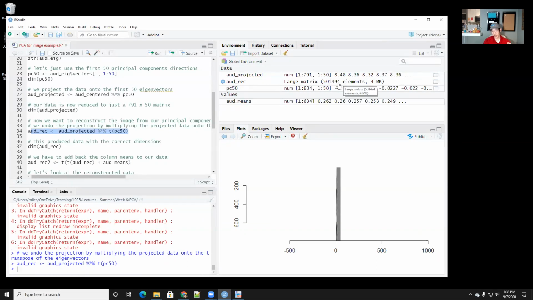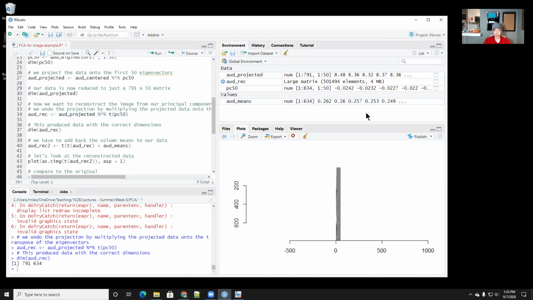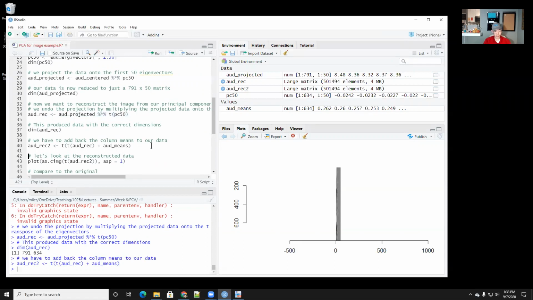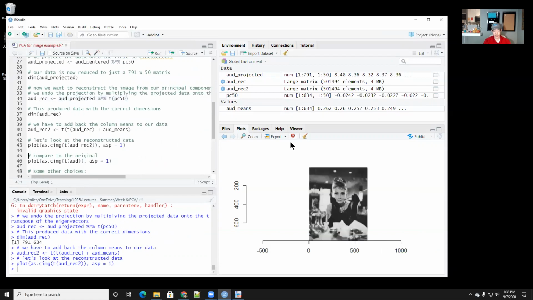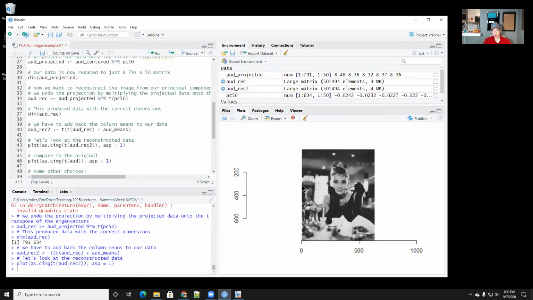So this is back up to a huge matrix of about 500,000 values, 791 by 634, and we have to add back the means. Then we can plot this. This is the image that we've reconstructed based on the principal components.